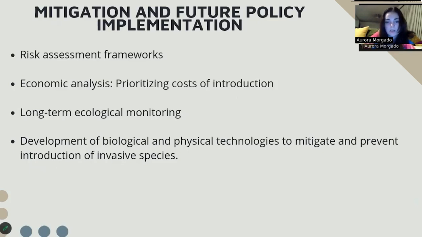We also need long-term ecological monitoring to track how species are spreading and how ecosystems are responding. This can help us act earlier when new threats emerge. And finally, investing in biological and physical technologies like filtration systems or sterilization techniques can help prevent species from escaping in the first place. All of this means that aquaculture can be made safer, but it requires proactive effort from governments, industries, and communities.